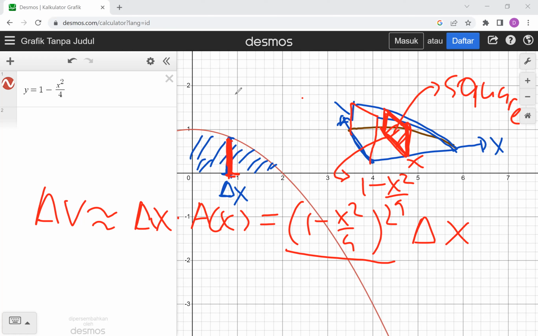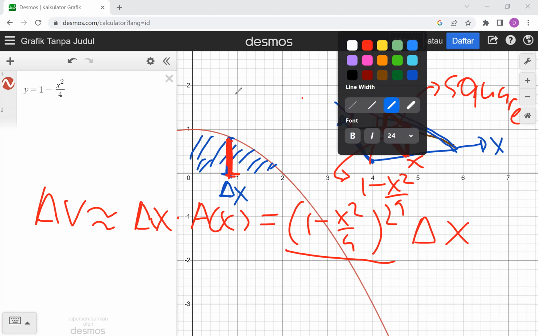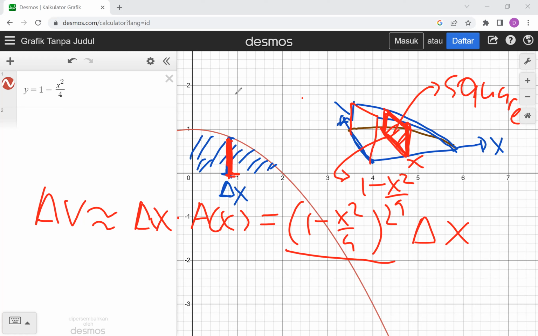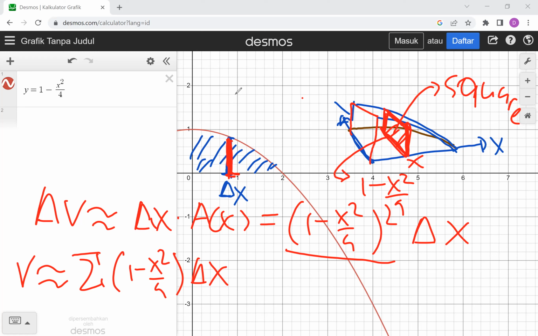So in this case, if you take the summation, V is approximately the summation of (1 minus x squared over 4) squared delta x.